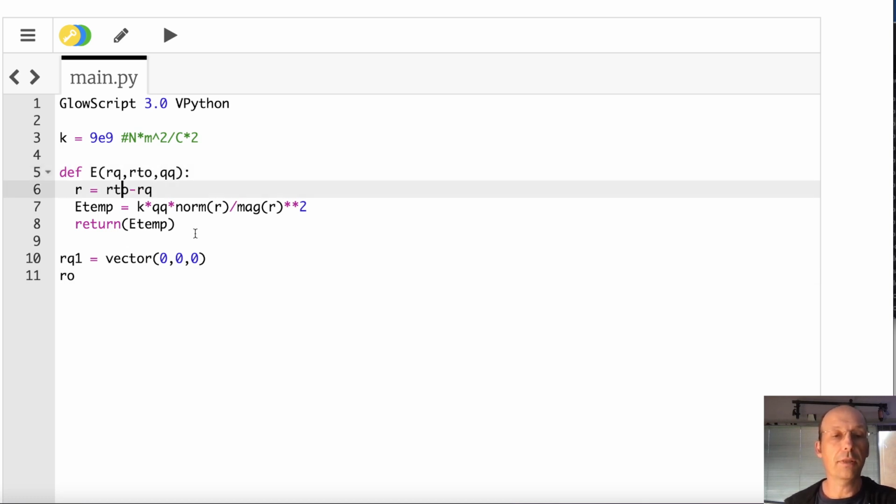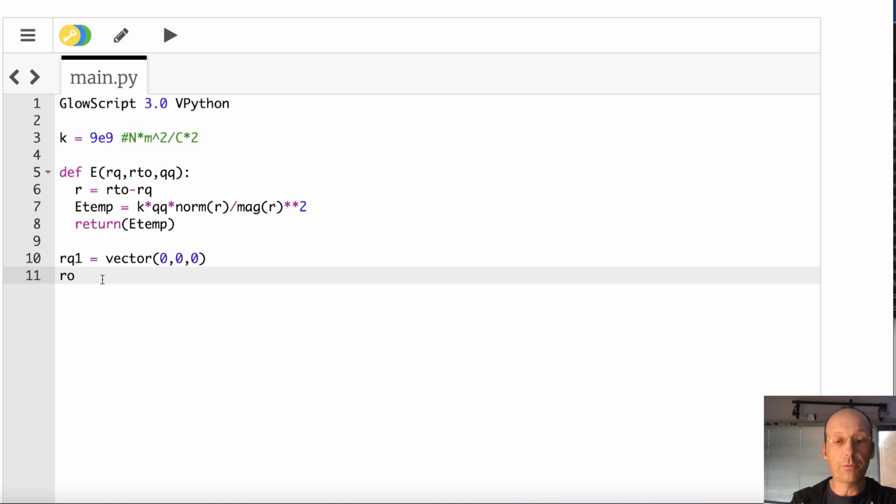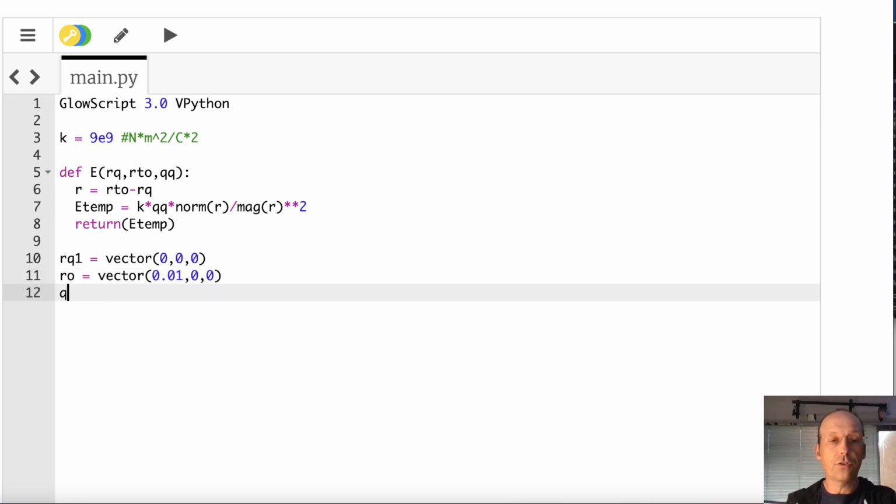I shouldn't use R either, but that's fine. Okay, so RO, the observation location, is going to be vector 0.01, 0, 0. Yes, the vector class is built into VPython, and that's useful. And then let's say it has a charge of Q equals 6 nanocoulombs, 6e negative 9.